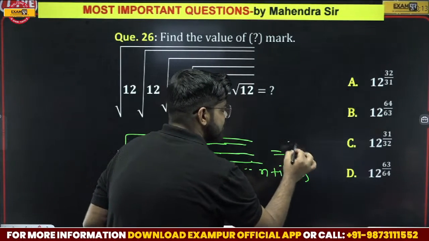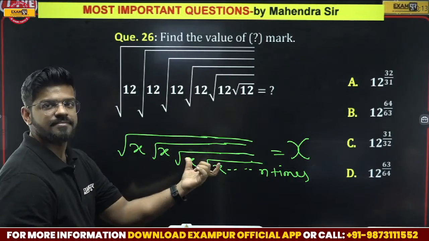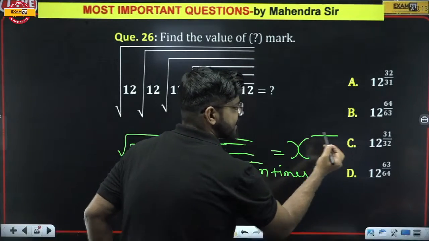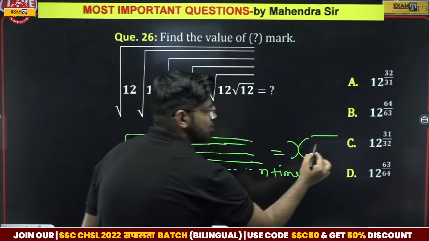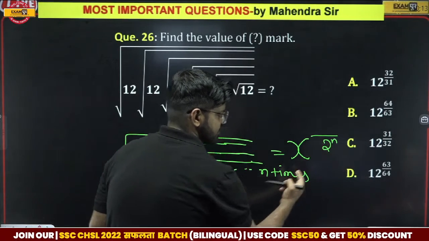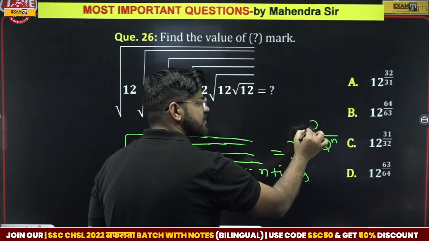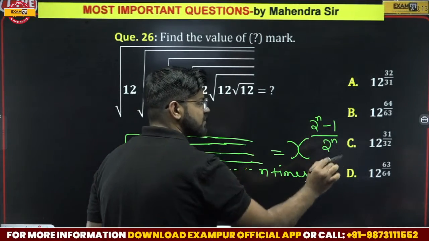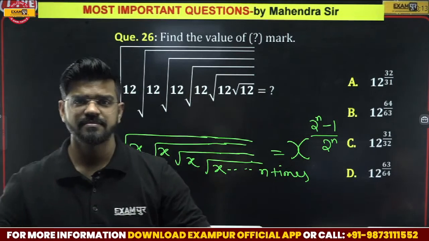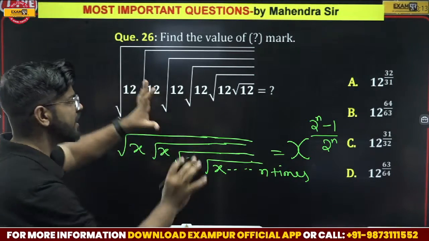For that, just write this X divided by 2 to the power n, and subtract that 1 from it. That means 2 to the power n minus 1. This is the formula, nothing else.